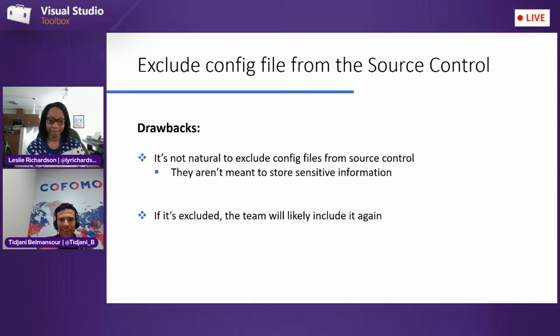And if the file is included again, and for convenience we start again to put a connection string and API keys into that file, well, we have gone back to the original issue, right? So we'll have to figure out an easier or more convenient way to store our secret.